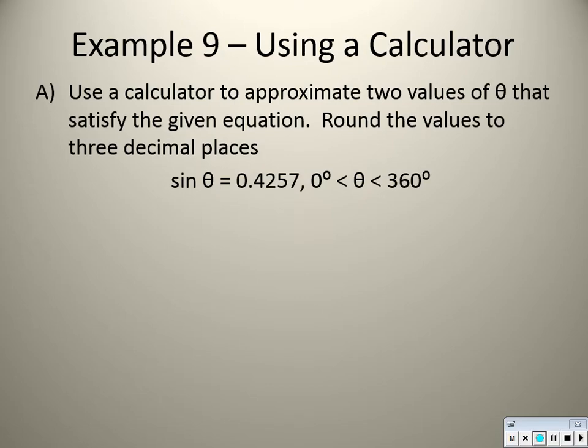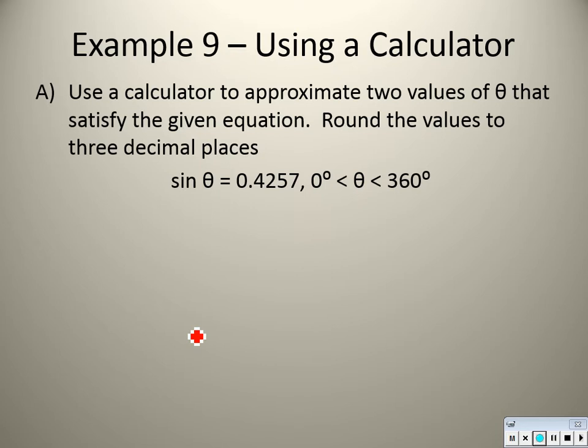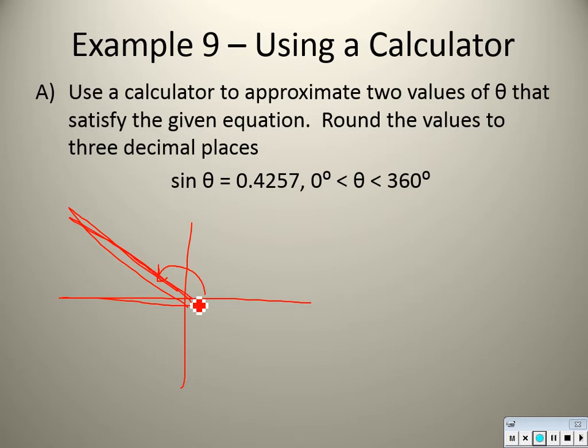So if I go to quadrant 2 here and I draw a reference angle that's roughly 25.195 degrees, what would this measure be here?